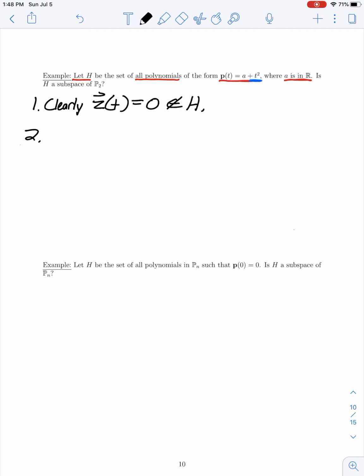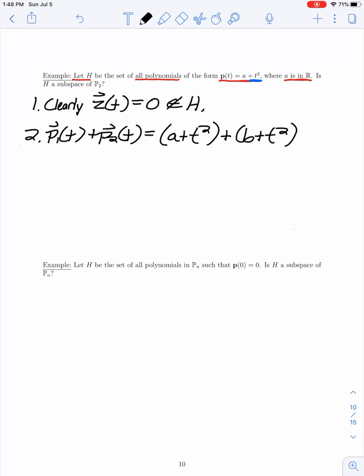Now other conditions which we could have used to show that this is not a subspace would be that it is not closed under addition. So if we were to take 2 polynomials in our set H, let's say p1 of t and p2 of t, which would have the form, let's say, a plus t squared and b plus t squared, where a and b are real numbers, the sum would be the polynomial whose constant coefficient is the sum of a and b, and the coefficient for t squared is now 2.